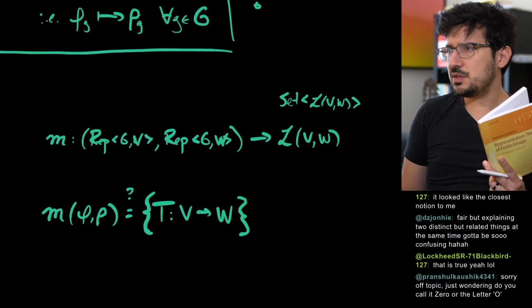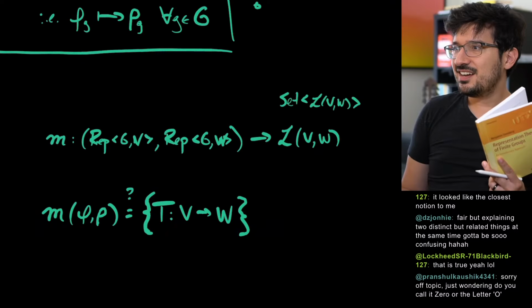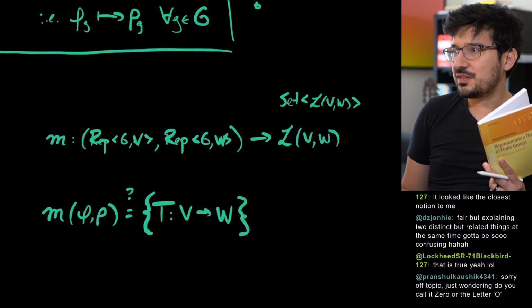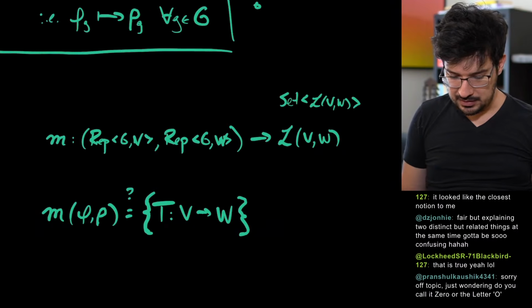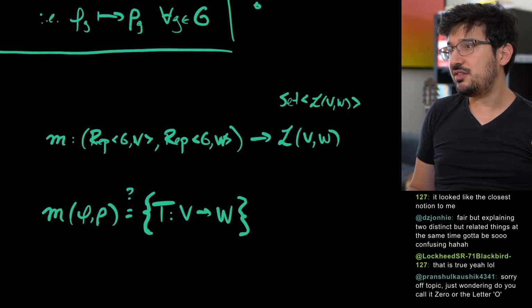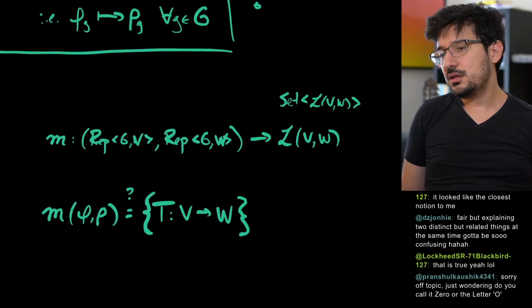Fair, but explaining two distinct but related things at the same time got to be so confusing. Sorry, off topic. What were you wondering? Do you call it zero or the letter O? What do you mean? Here, it's not written here. I say zero or naught.